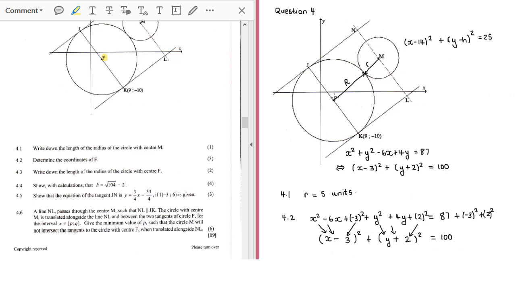Since we're looking for the coordinates of this point F, which is at the center, we can now get those coordinates directly from the equation. Remember we just need to change the signs as we move outside into the coordinates. We see a minus 3 over here, so that makes this a positive 3 as an x value. And then we see a positive 2 over there, so it makes this a negative 2 as a y value. Just want to make things a little bit more clear.